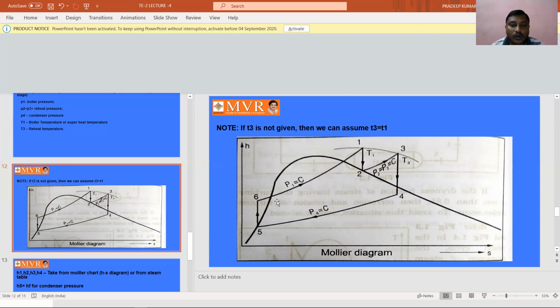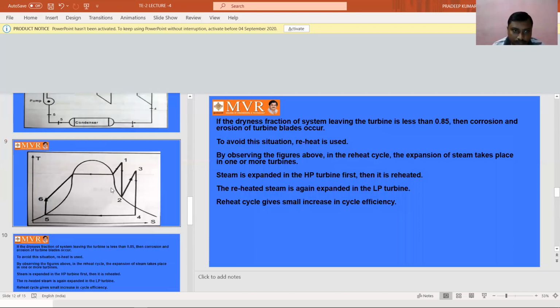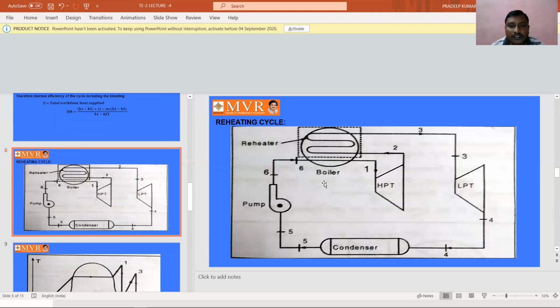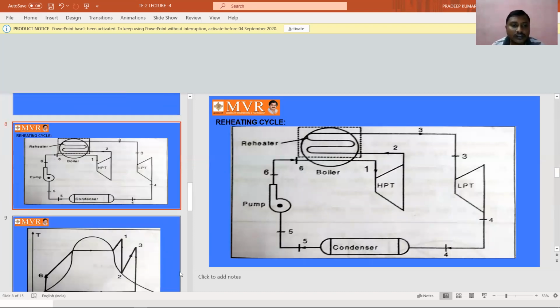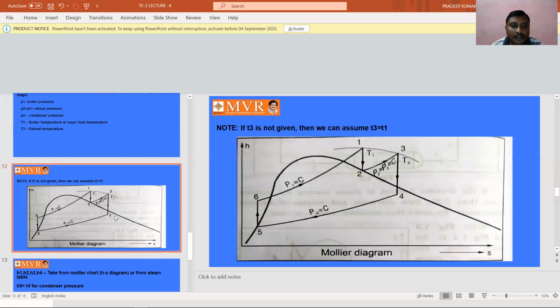See here what is happening in the process. The 6 to 1 process is the boiler process. From the boiler, the steam enters the high pressure turbine, then enters the reheater and enters the low pressure turbine.